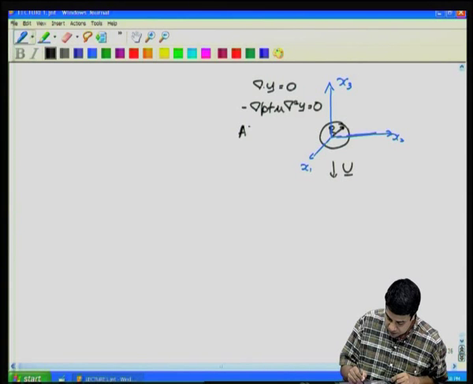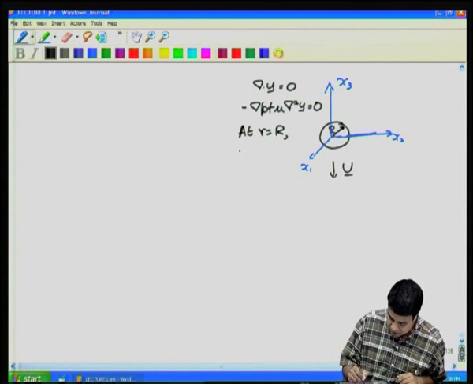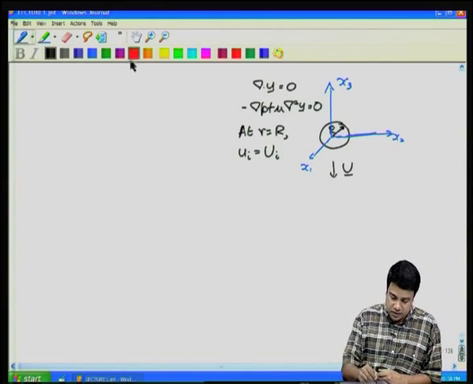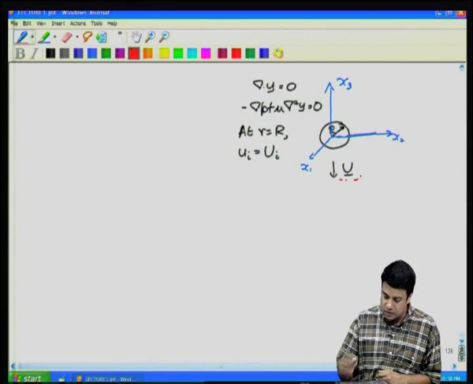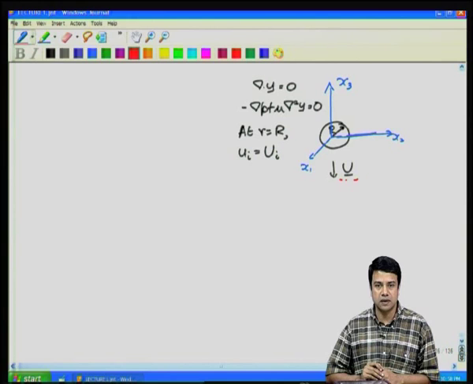So, at the surface, that is r is equal to capital R, the velocity of the fluid has to be equal to the velocity of the sphere itself. The sphere velocity is capital U as specified over here in one particular direction. Okay. We do not have to specify that direction beforehand, we will just assume that it is moving in one particular direction.